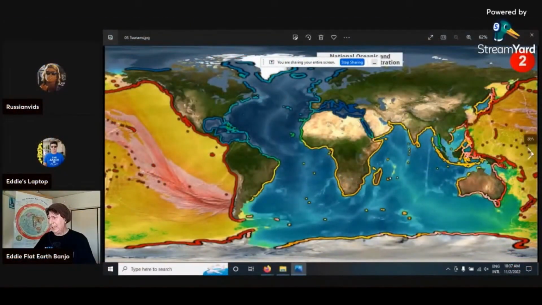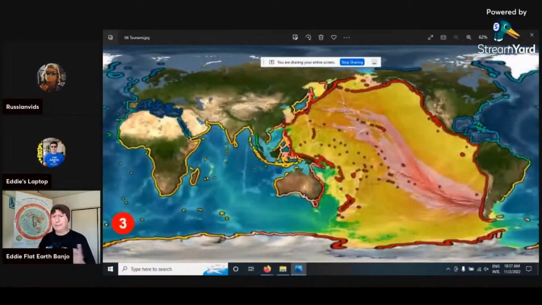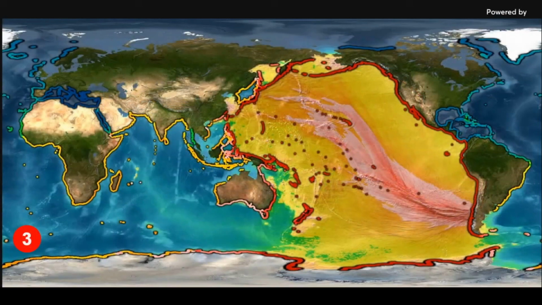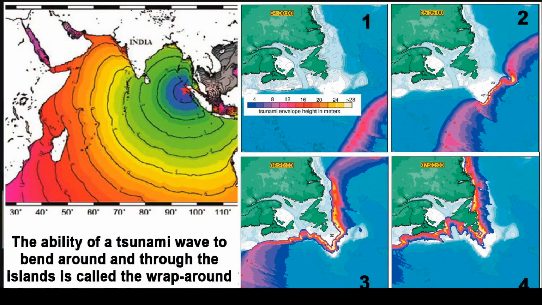So for this reason, I have fixed this, and I created this one, where you can see exactly all the region that was affected by this earthquake in 1960. Now, there is something wrong here, and I'm going to show you in the next image.